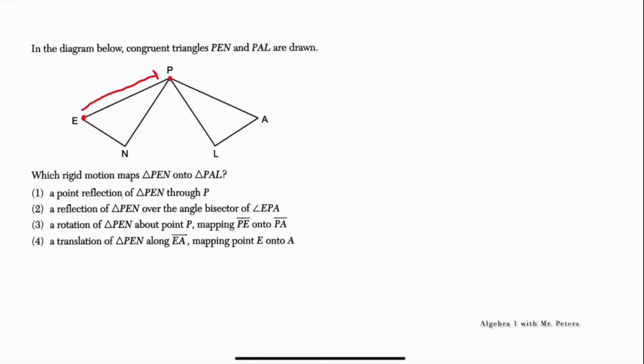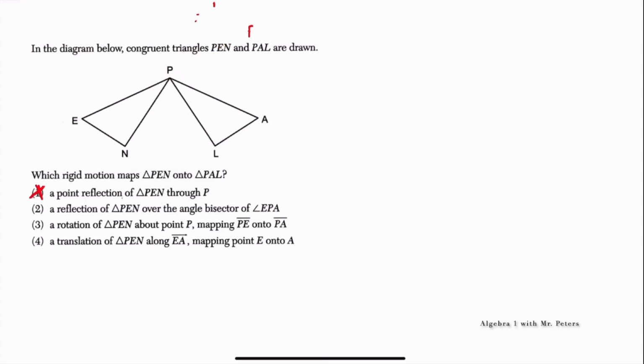And now P, the original point, is going to be the midpoint. So now E prime is going to be way out here, family. And if we do the same thing with N, that point reflection is going to be way out here. So based off this transformation, this is not going to be correct.